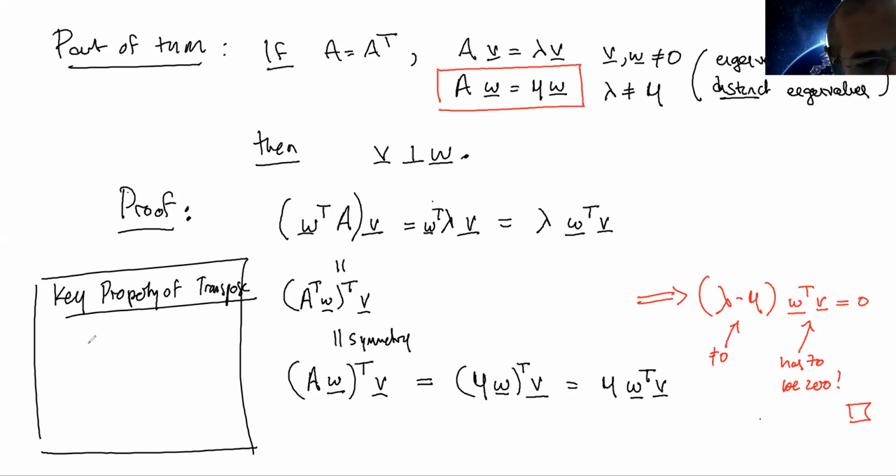The key property is that W dot product AV is equal to A transpose W dot product V. That's what we used in this line.